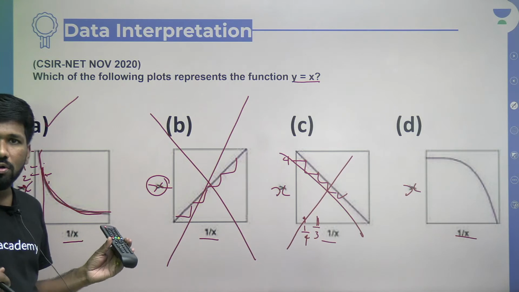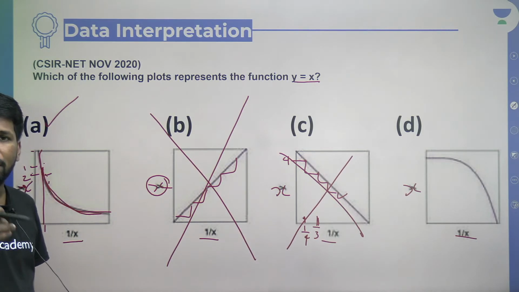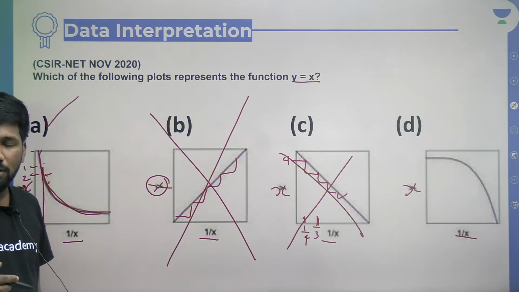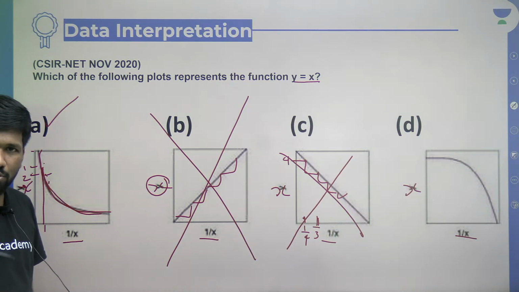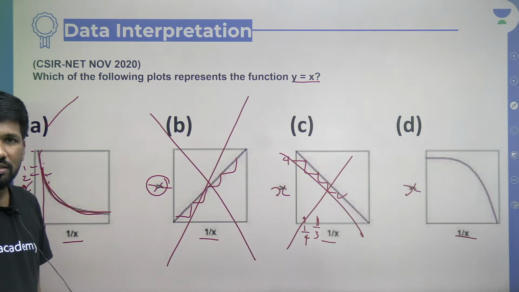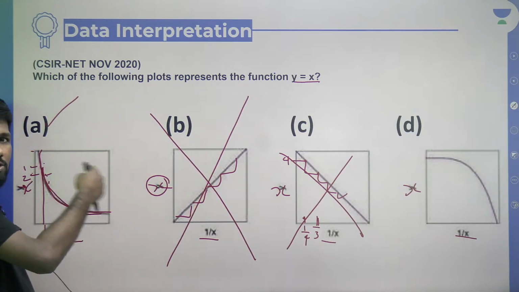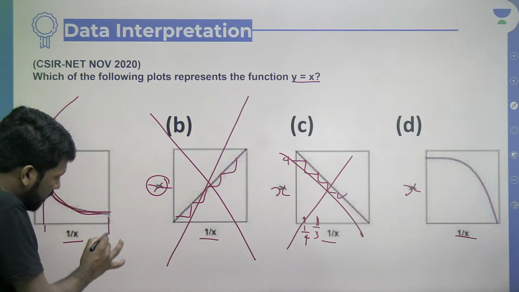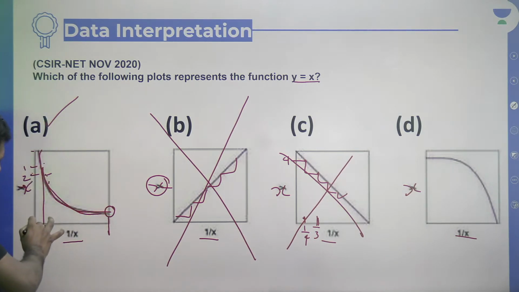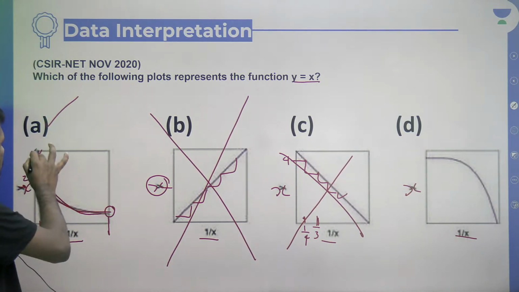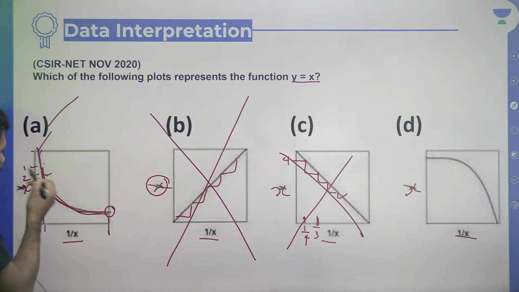If 1 by x is 1 by 1 crore, then x will be 1 crore. If it is 1 by 2, x will be 2 only. That means when 1 by x is very large, x will be very small, and when 1 by x is very small, x is very large also. So that is satisfied here.